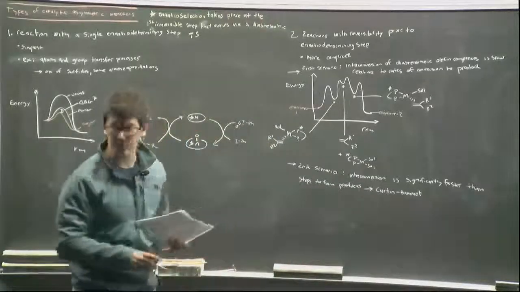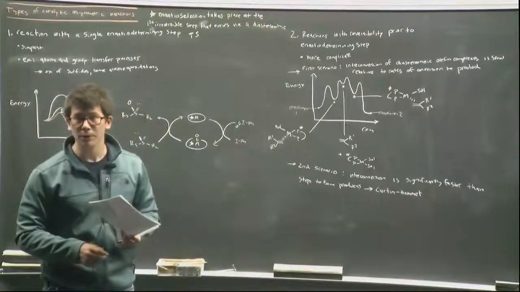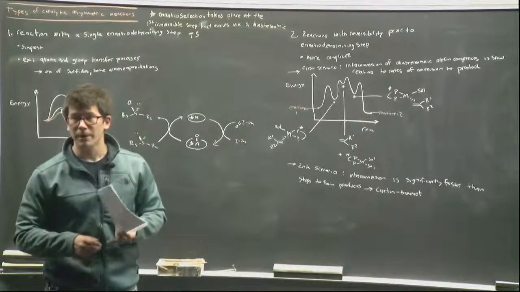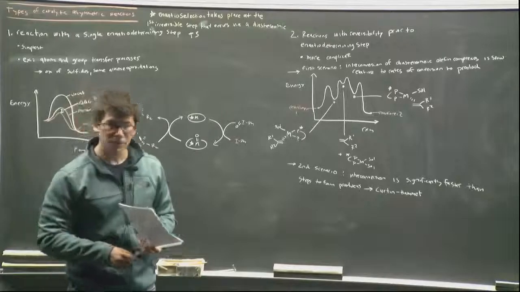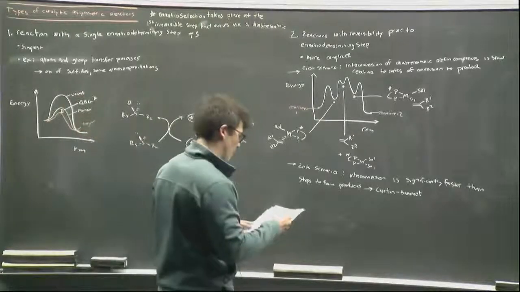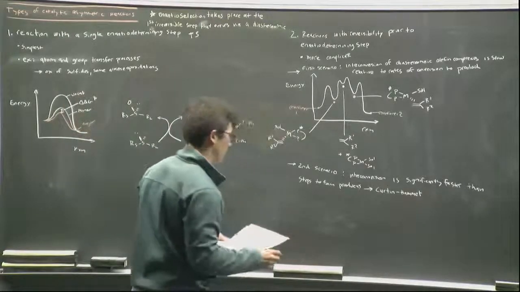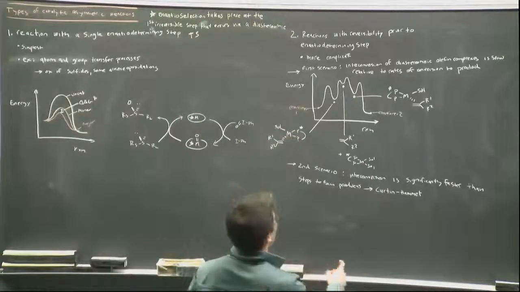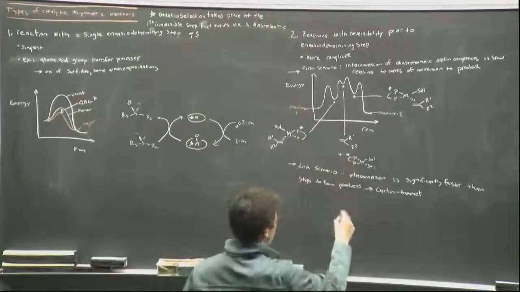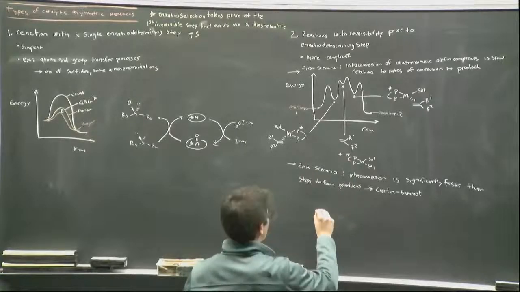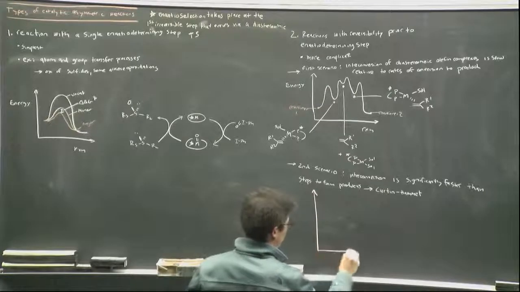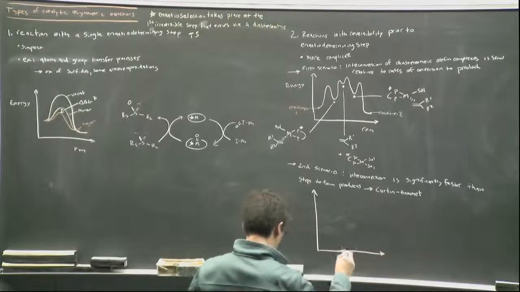So you don't need to take into account, well, you take into account, but the final product outcome is not determined by the stability of intermediates. It's determined by the barriers to get to the product. So let me draw this out. And the intermediates are going to look the same, so I'm just going to draw them in color-coded form rather than redraw.